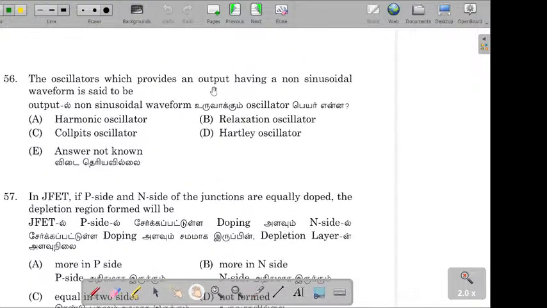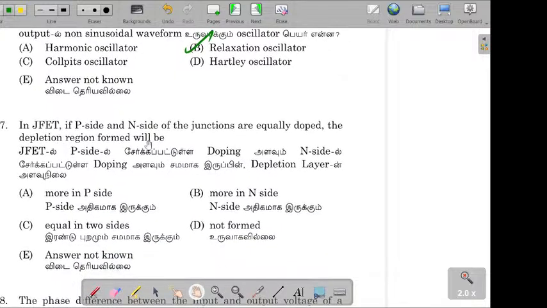The oscillator which provides an output having a non-sinusoidal waveform is said to be relaxation oscillator. In JFET, if P side and N side of the junctions are equally doped, the depletion region formed will be equal on both sides.